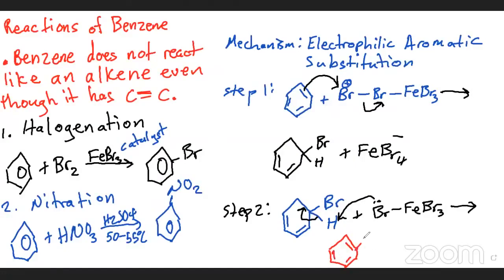And the bromine is still on it. You get that plus HBr, because remember, the bromine took off a hydrogen. Plus, you get back your catalyst, which is FeBr3. So this mechanism is just 2 steps. Sorry, it's FeBr3, and not FeBr4.